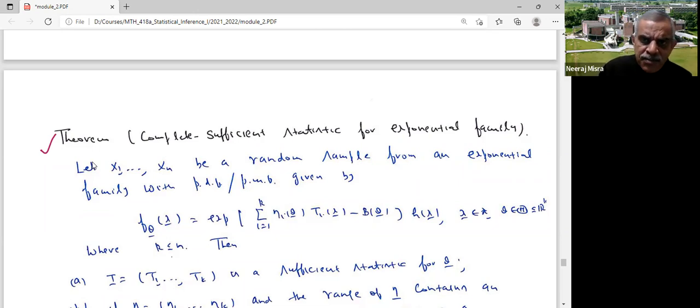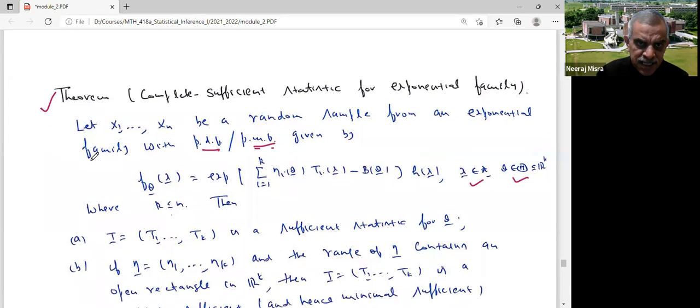So let x1, x2, ..., xn be a random sample from an exponential family with PMF or PDF given by f theta of x equals exponential of summation i equals 1 to k, eta i of theta t i of x minus b of theta, into h of x, x belonging to the sample space, theta belonging to the parameter space, where this k is less than or equal to the number of observations. That is very important. k has to be less than or equal to the sample size. So this exponential breakup has to be such that k is less than or equal to n.